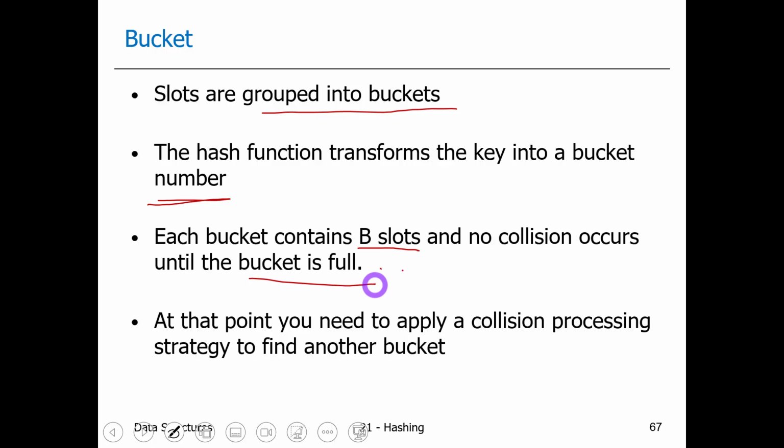When the bucket becomes full, there will be a collision, and at that point you need to apply a collision processing strategy to find another bucket. So once the bucket is full, we will resort to, for example, double hashing, quadratic hashing or linear probing.